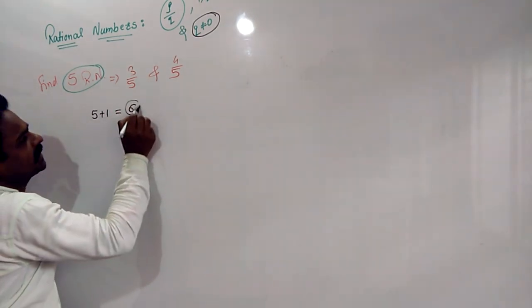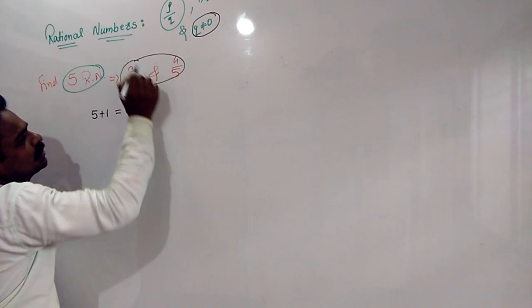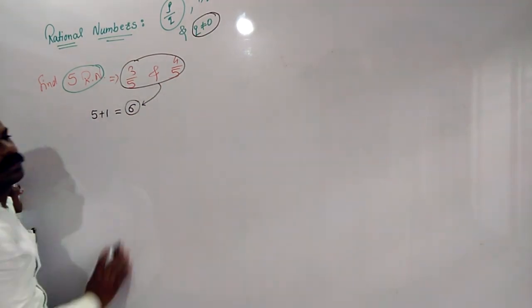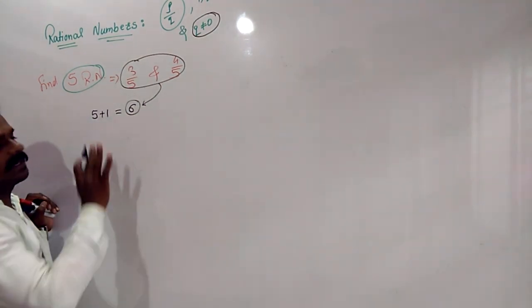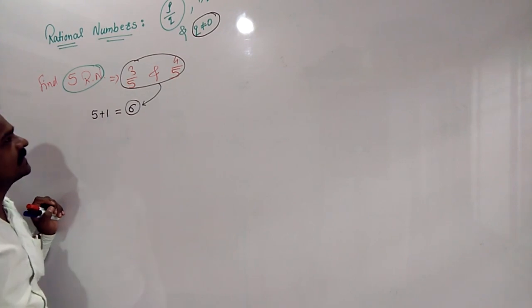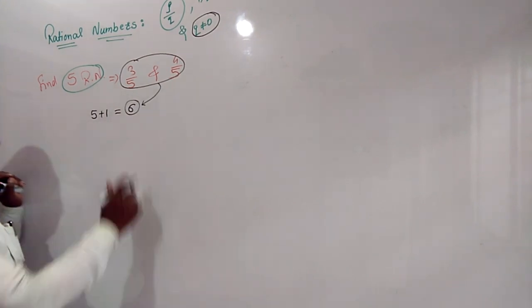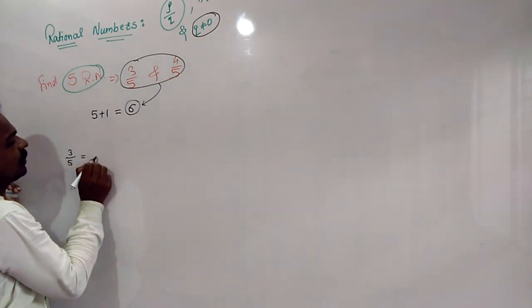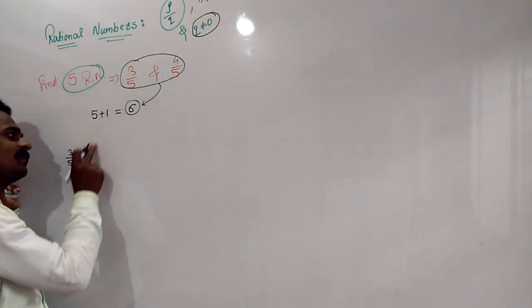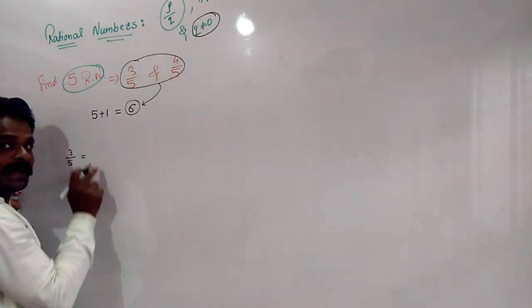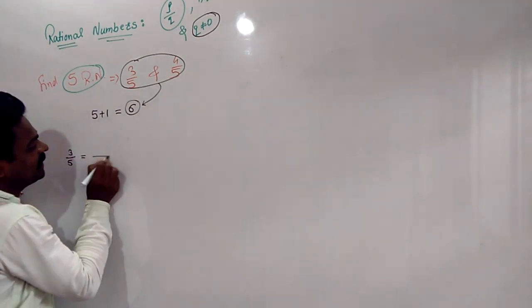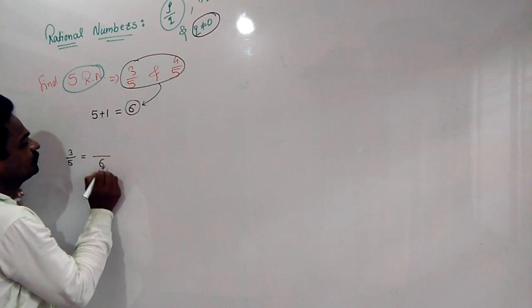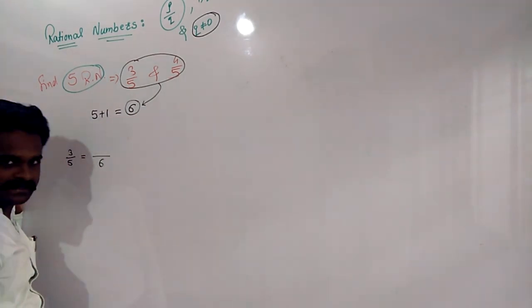So we need to express these two numbers in the form of a number whose denominator is 6. So how can we express it? 3 by 5 is equal to, we have to express 3 by 5 in P by Q form such that the denominator should be 6.